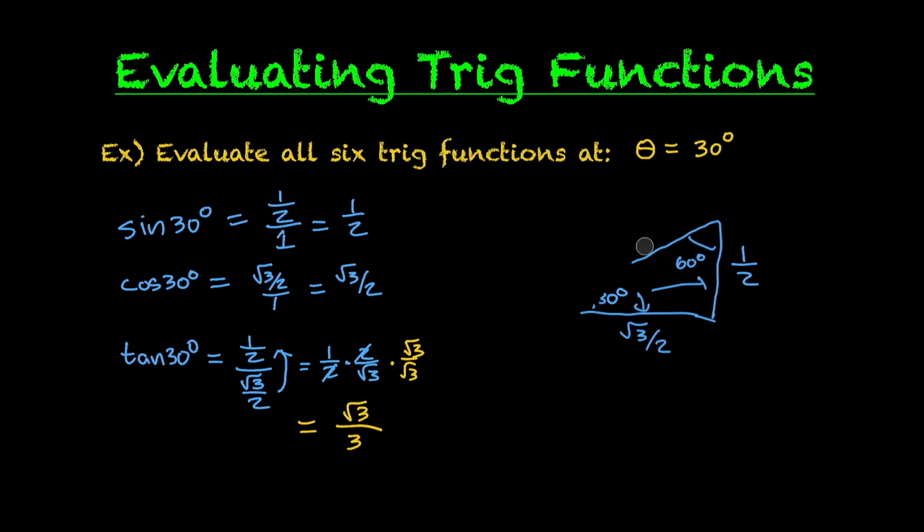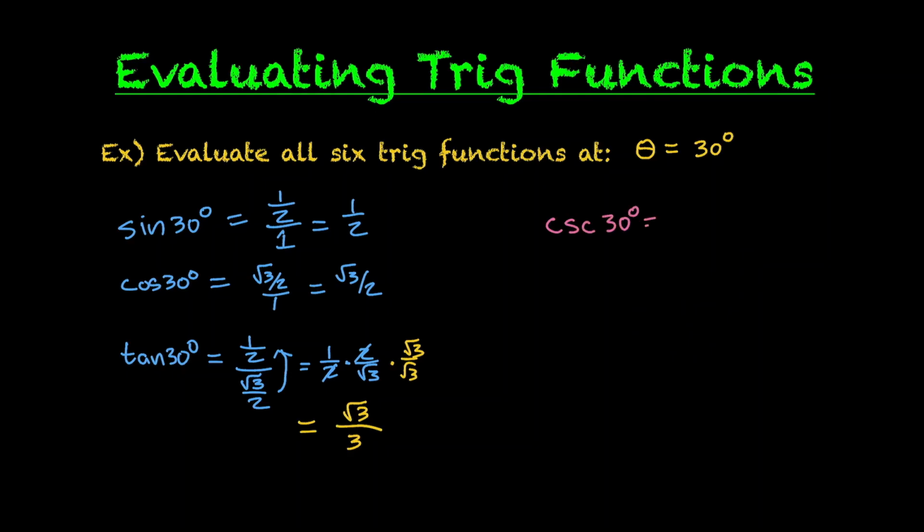For our other three trig functions, I'm going to erase this. And for those ones, we can just use those reciprocal identities. So cosecant is the reciprocal of sine. And reciprocal just means that you're going to flip the fraction upside down. So instead of 1 over 2, we'll get 2 over 1, or just 2. Whereas secant of 30 degrees is flipping cosine upside down, so that's going to be 2 over root 3.